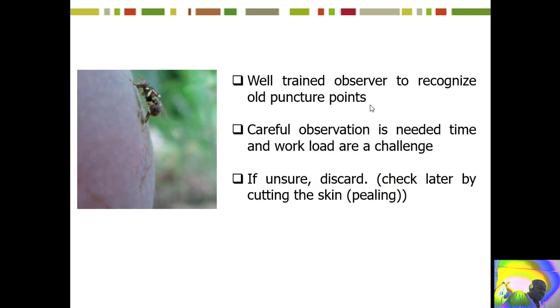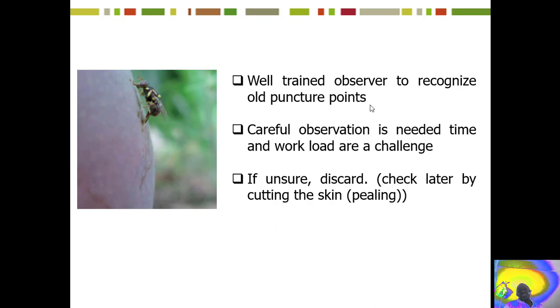Now, in the field, we need to be really very good observers to recognize those puncture points, because it is critical. It is really very, very important. We have to observe very carefully and not rush, because here it is about quality and more than quality, because we are talking about quarantine insects.